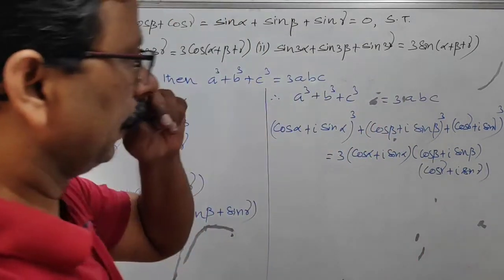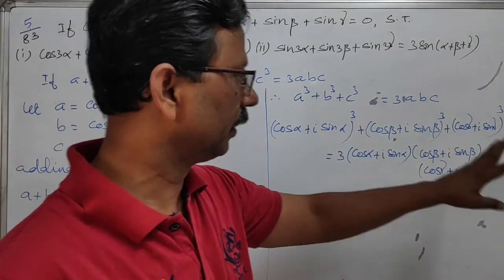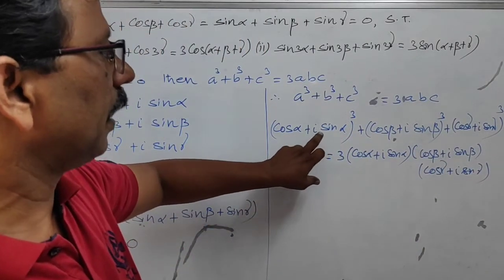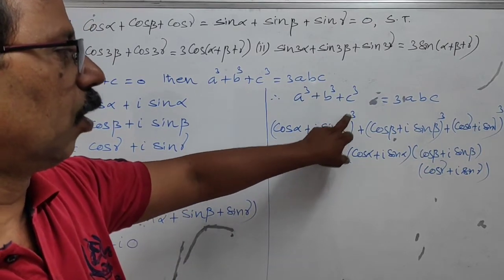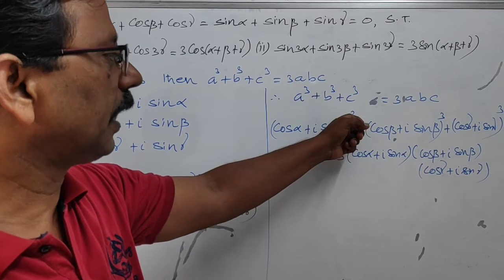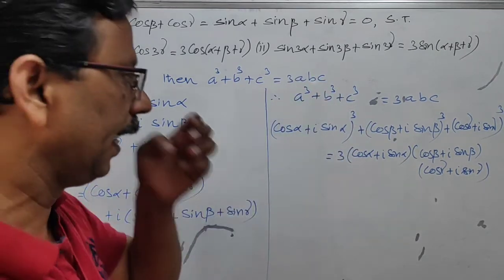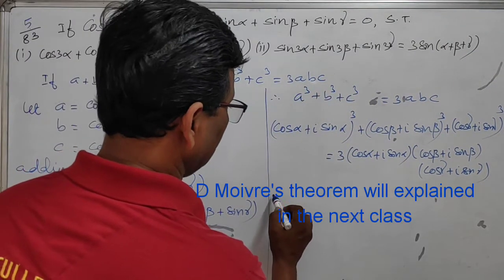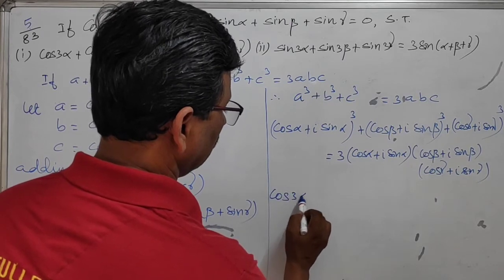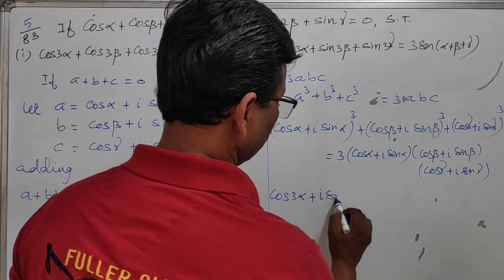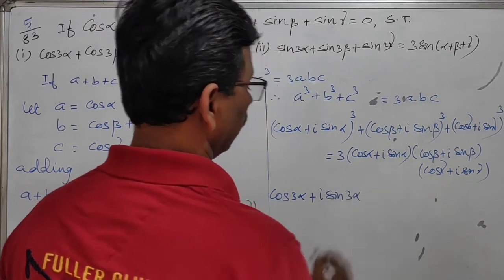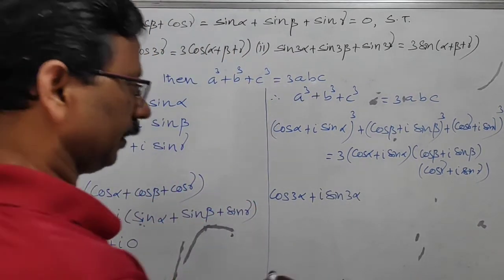See, this is the left hand side and this is the right hand side. In the left hand side we can write (cos alpha plus i sin alpha) whole cube, as this 3 can be brought inside, as cos 3 alpha plus i sin 3 alpha.